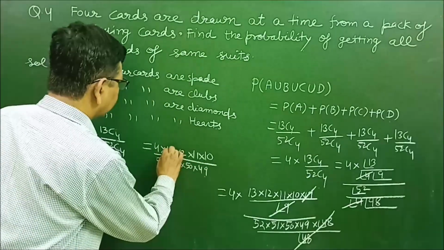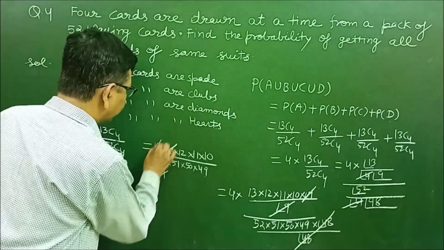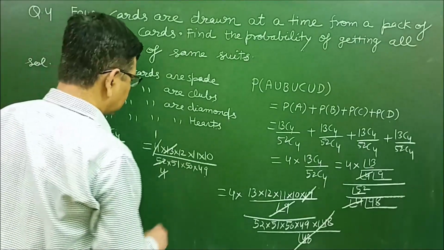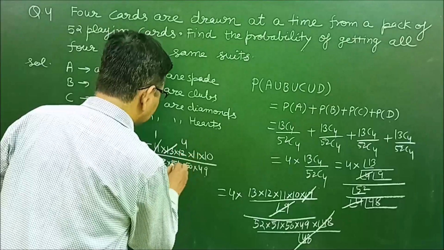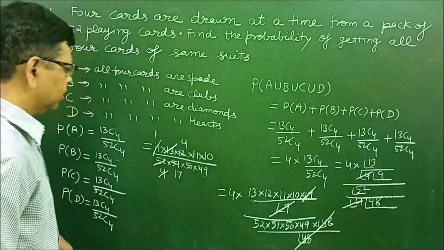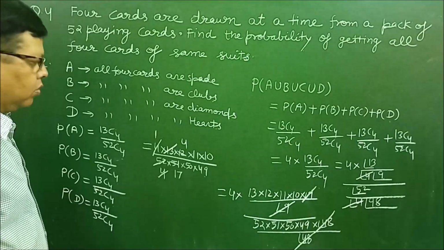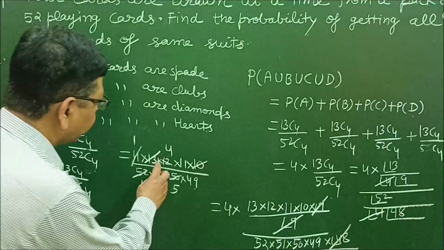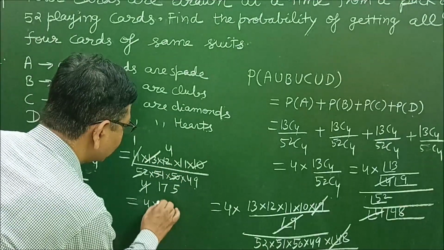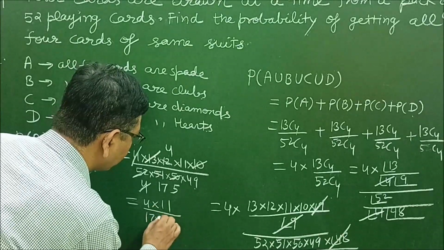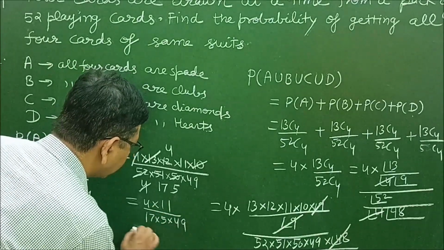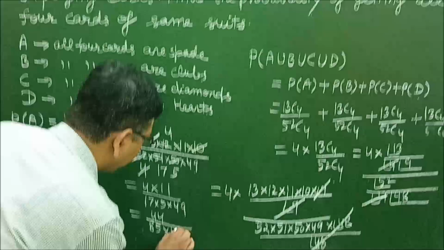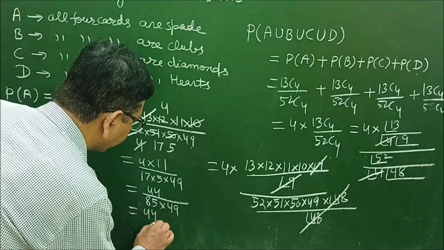Now 13 four times cancelled, 4 and 4 one time cancelled, 3 fours are 12, 4 times cancelled, 17 times cancelled. So we get this is equal to 10, 5 times cancelled here. So 4 into 11 upon 17 into 5 into 49, which is equal to 44 upon 85 into 49.